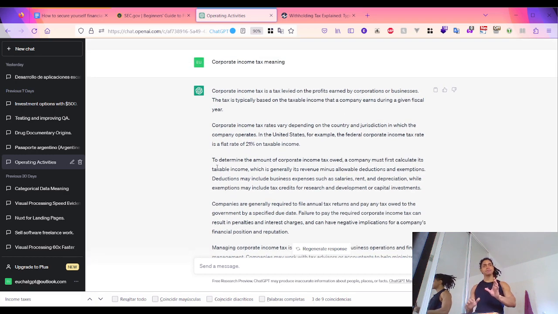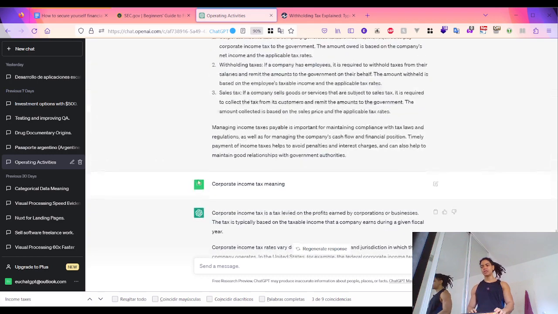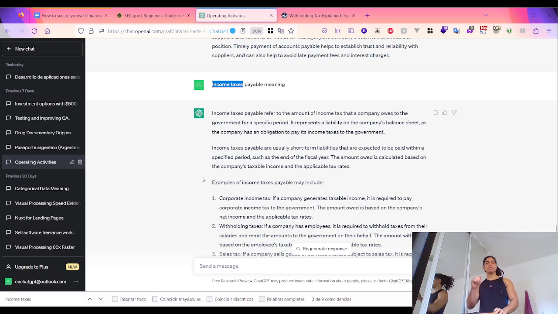I just want to know one example from the income tax payable: money that you owe to the government based on how much revenue you make, or based on the income you make after some deductions. An example is corporate income taxes.